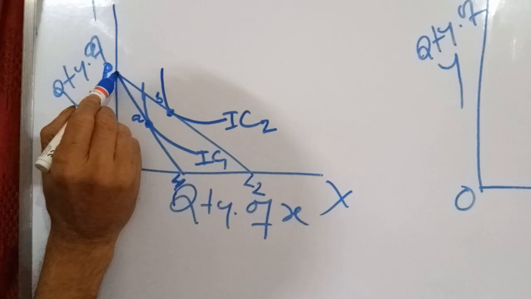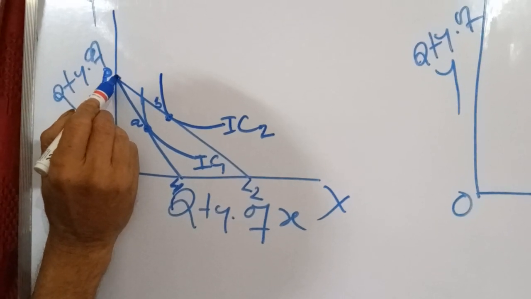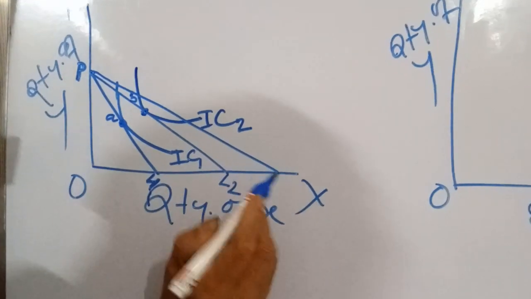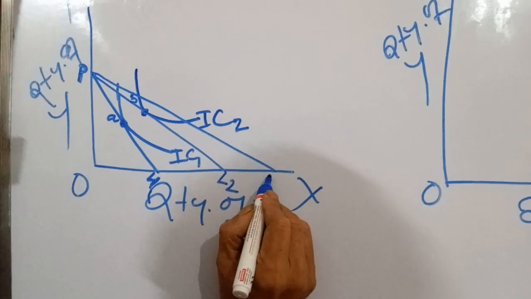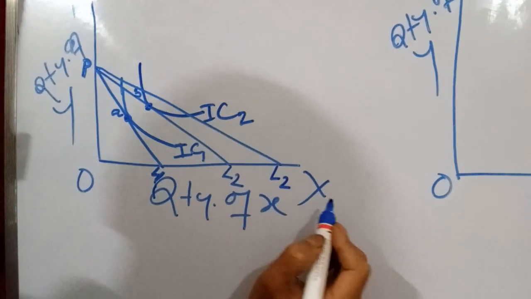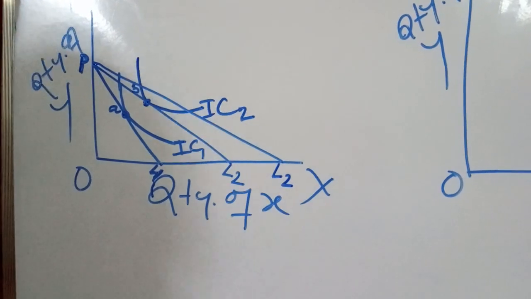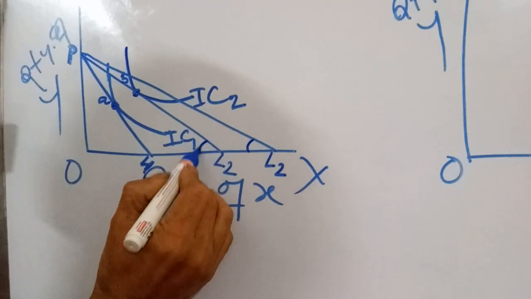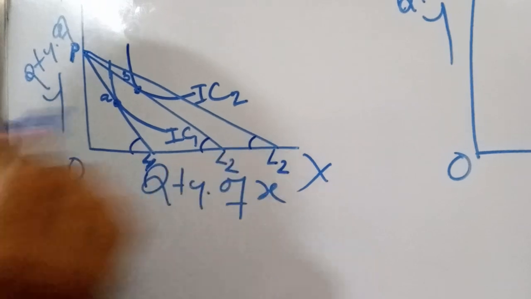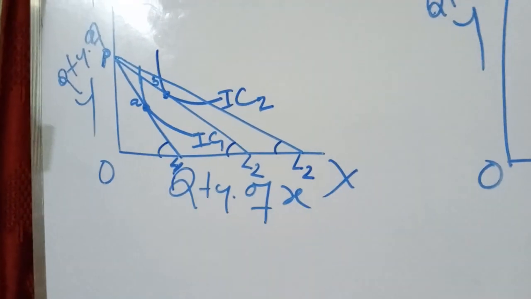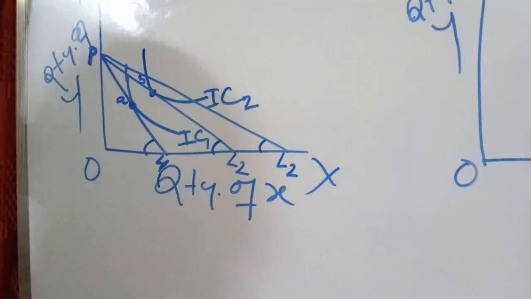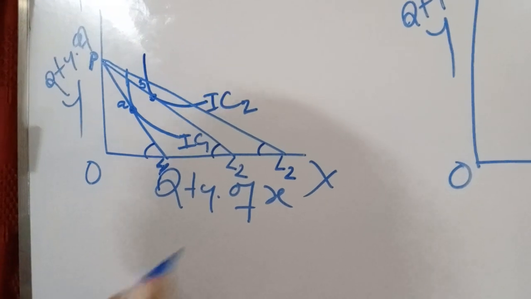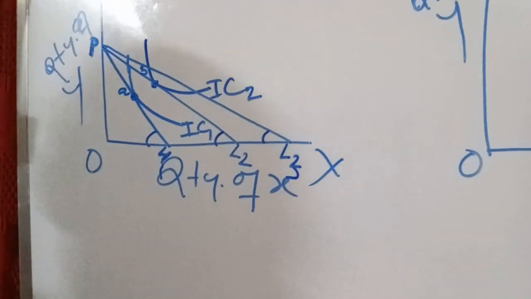Again, as price of X falls, price of Y and income of the consumer remaining unchanged, the slope of the price line changes again. You see, these are the changes in slope of the budget line. This is PL3.